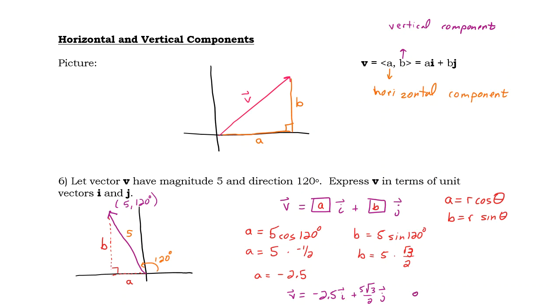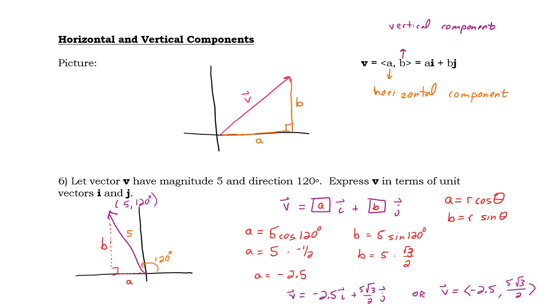Now this problem asked you to write it in terms of vectors i and j. But just for fun, if we wanted to write this in component form, it would look like ⟨-2.5, 5 square root 3 over 2⟩.